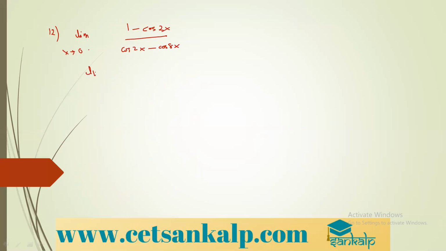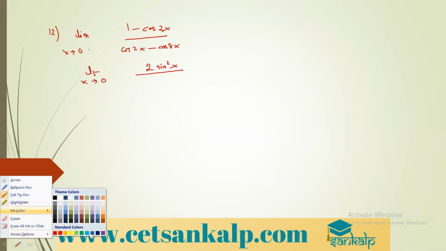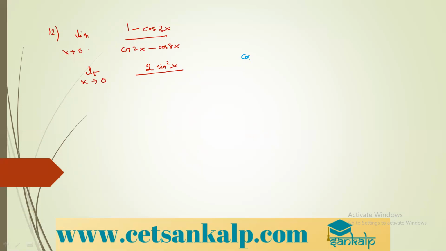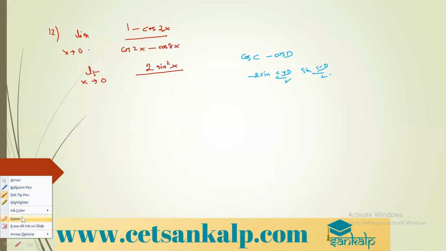I can write 1 minus cos 2x directly as 2 sine square x, and for the denominator there is a formula which I will be using, cos c minus cos d, which is minus 2 sine of c plus d by 2 into sine of c minus d by 2. So this formula we will be using now.